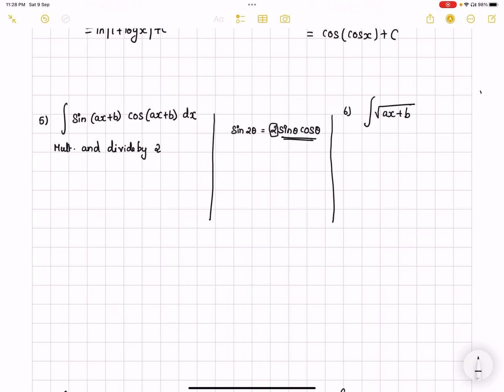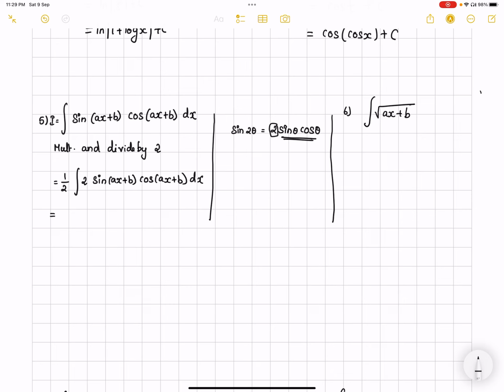So in that case, I would be getting 1 by 2 integral 2 times sine ax plus b cos ax plus b dx. Great.